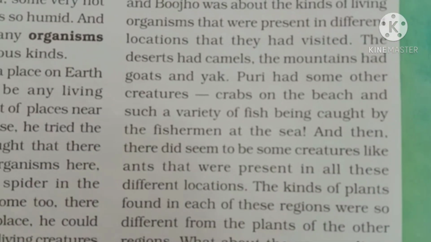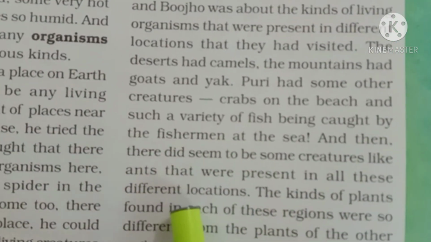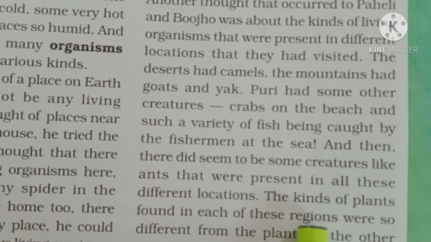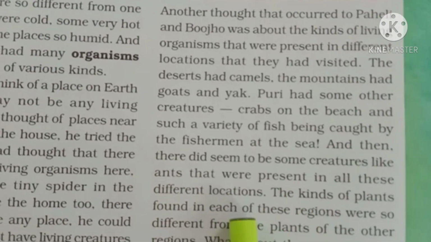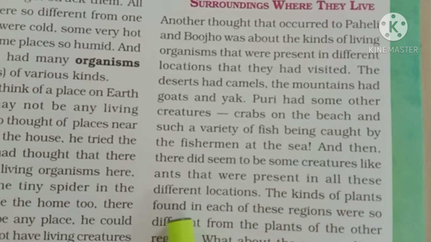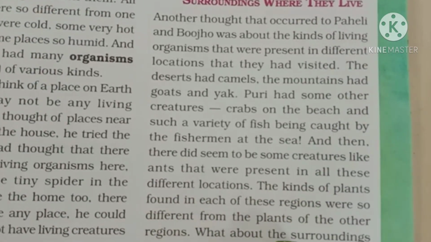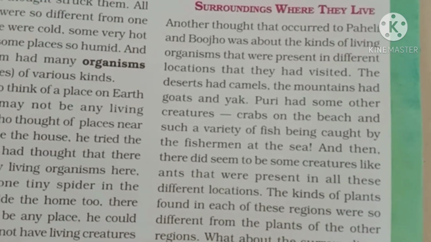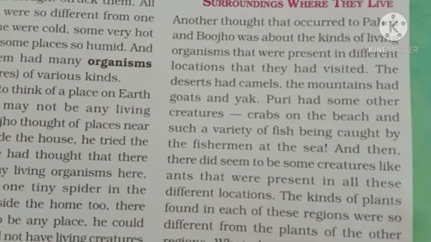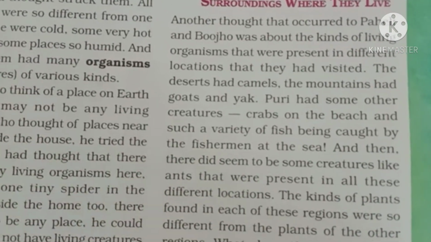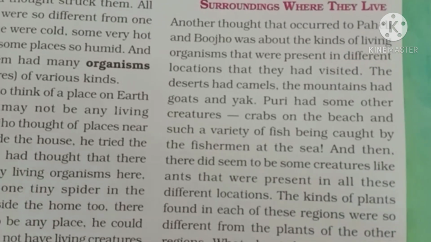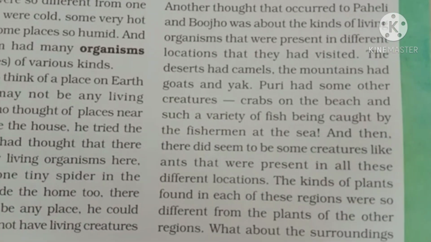And also they found that the ant was a creature that was present in all of these different locations. The kinds of plants found in each of these regions were so different from the plants of the other regions. So we found cactus in the desert, conical shaped trees in the mountainous region, and in the grassland it was totally different.